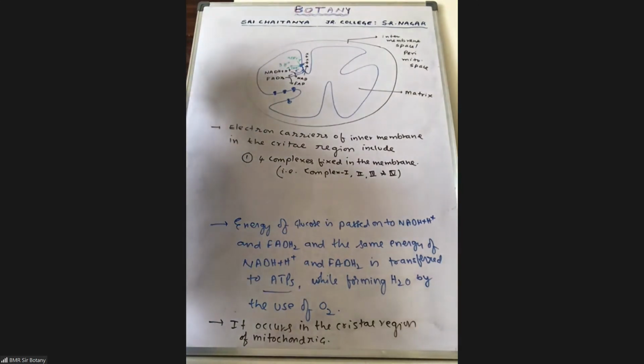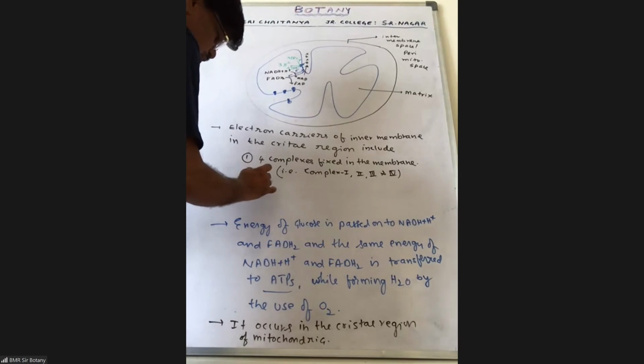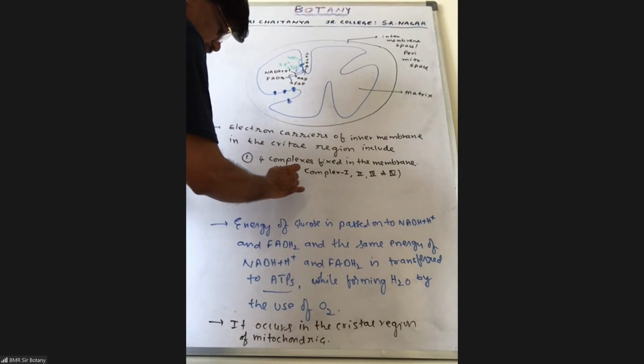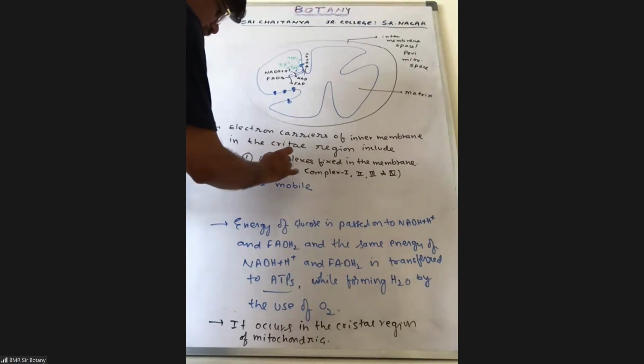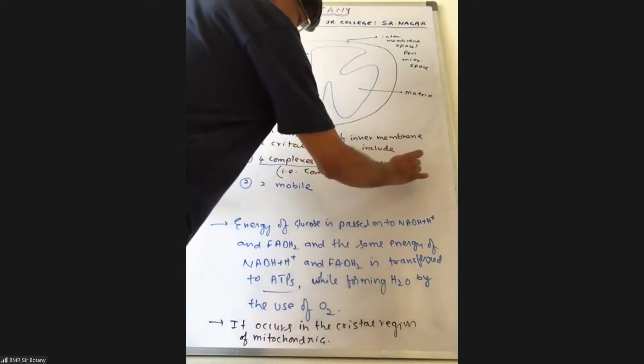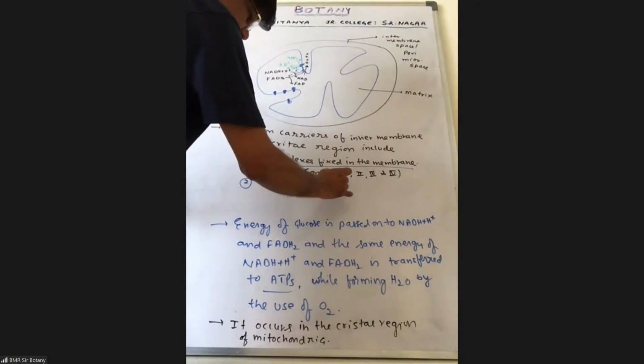Then also 2 mobile carriers. 4 complexes which are fixed in the inner membrane. 2 are mobile carriers.